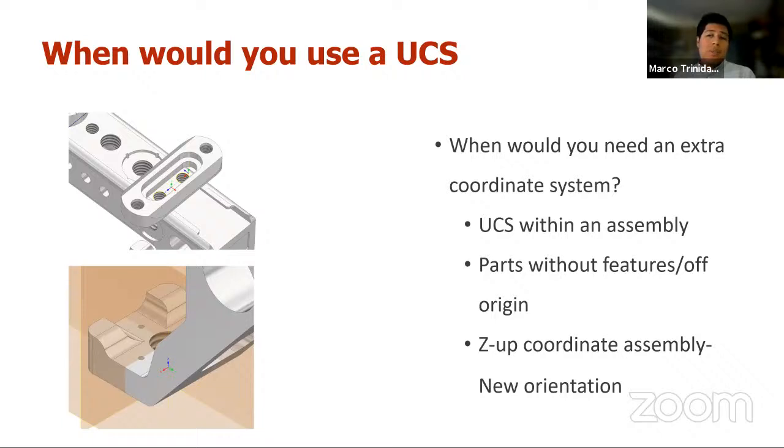And you can use it to reset the origin, because if you don't have a standard for your origin, people can be setting it to different areas of your parts. And that is how it is helpful, at least within parts and assemblies.